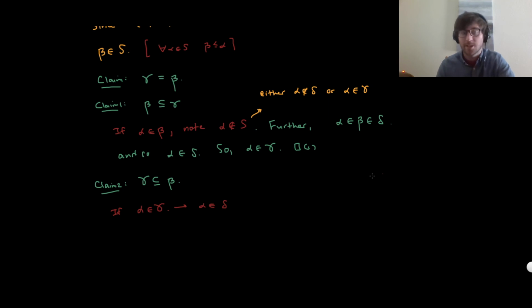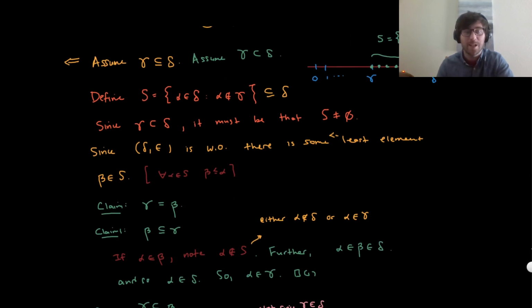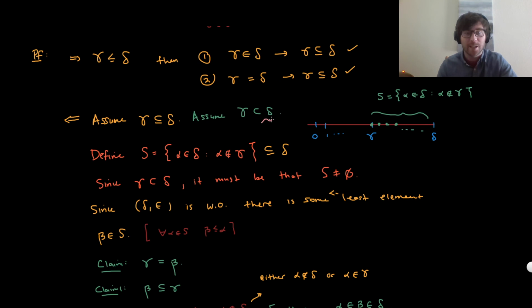Why is this true? It's not because gamma is an element of delta. The warning here is this is not since alpha is an element of delta, right? We're trying to prove this. But what are we assuming in this direction? We're assuming that gamma is a subset of delta.